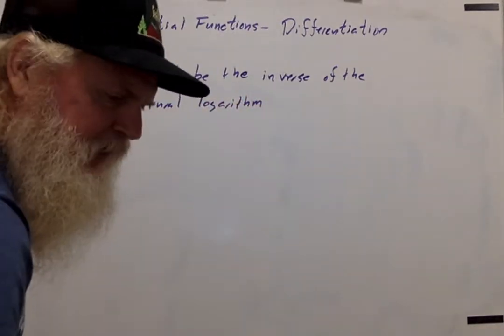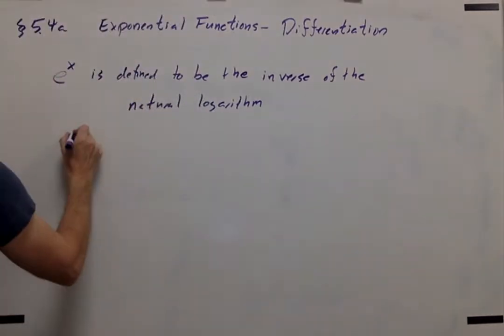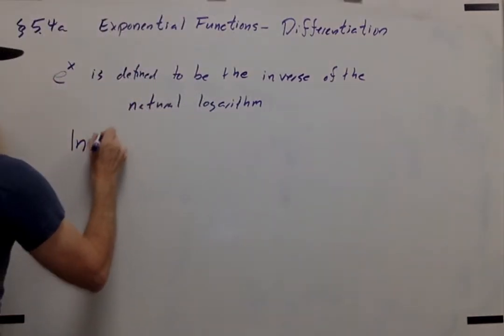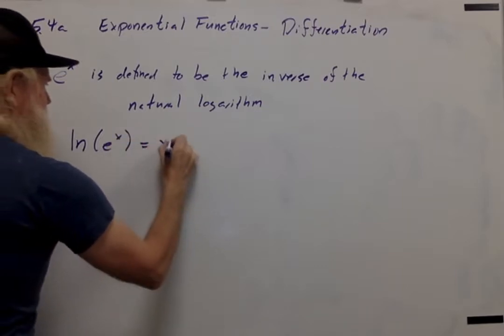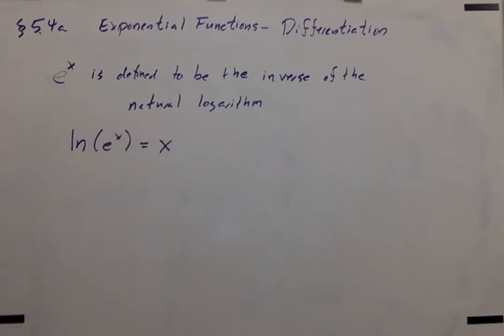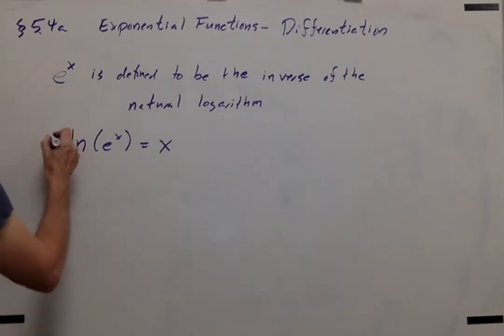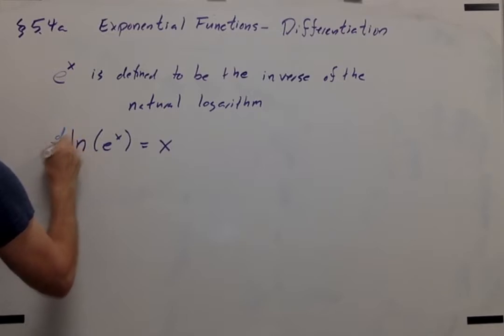So in other words, it's defined by the property that natural log of e to the x is equal to x. So if we want to get a differentiation formula for the exponential function, we can just differentiate both sides of this equation.